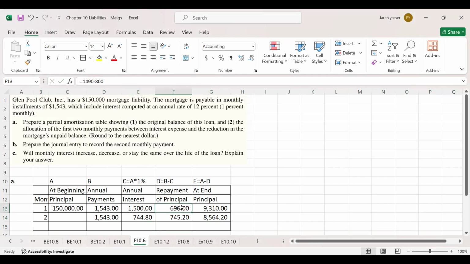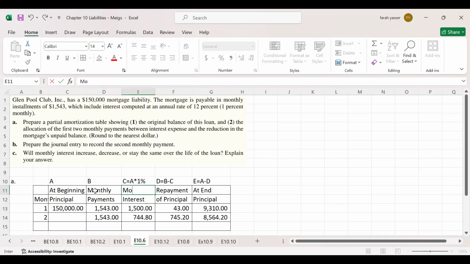In month one, we are going to calculate the repayment of principal. The total monthly payment is 1543. We will deduct the monthly interest, so the repayment of principal is just 43. It is monthly.